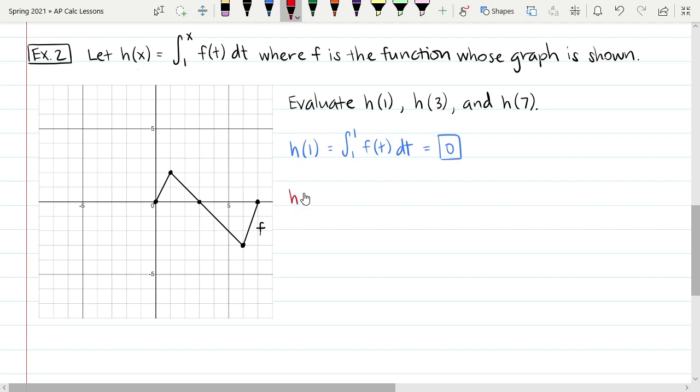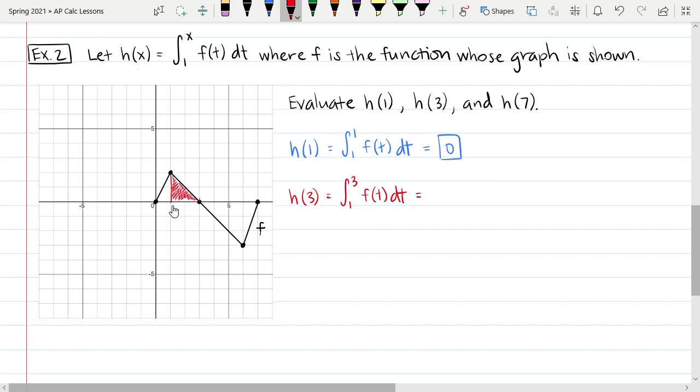Okay, now the next one is h of 3. So that means I'm looking at the integral from 1 to 3. But remember, that means we're looking for the net area under the curve from x equals 1 to x equals 3. So that would actually be this region right here.